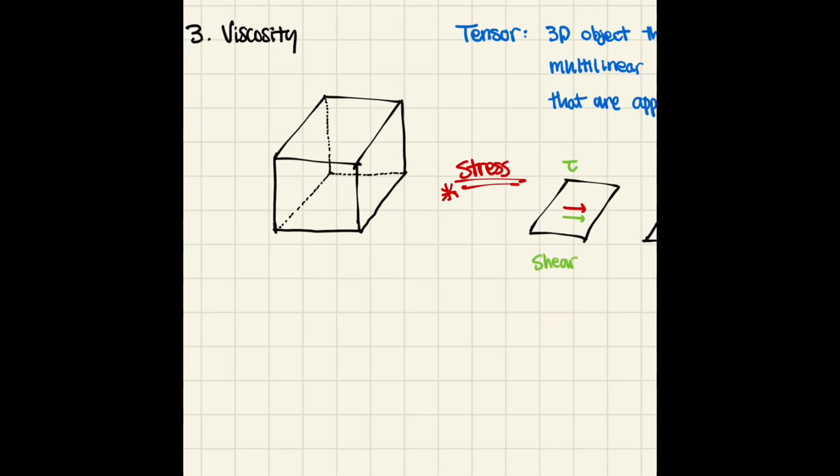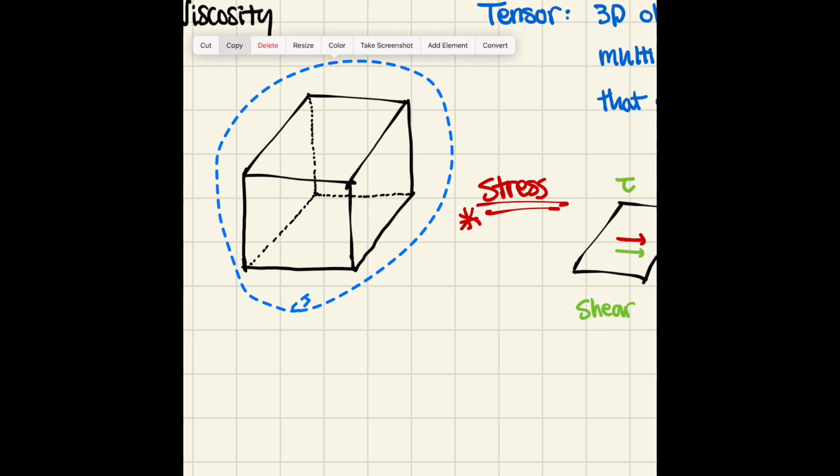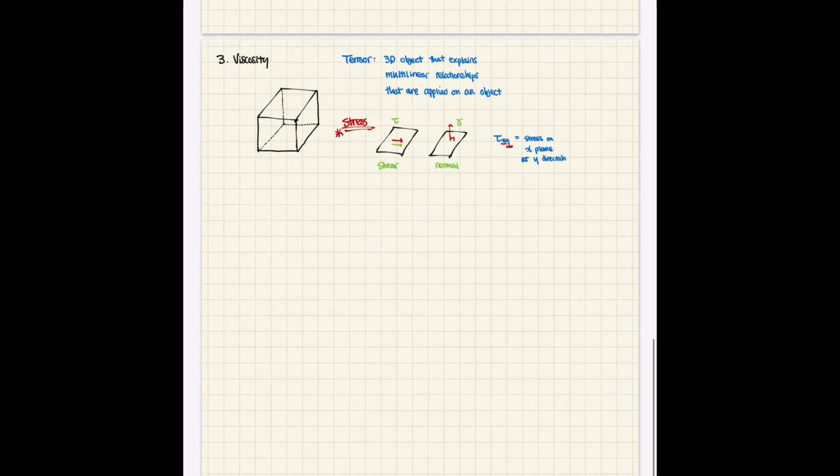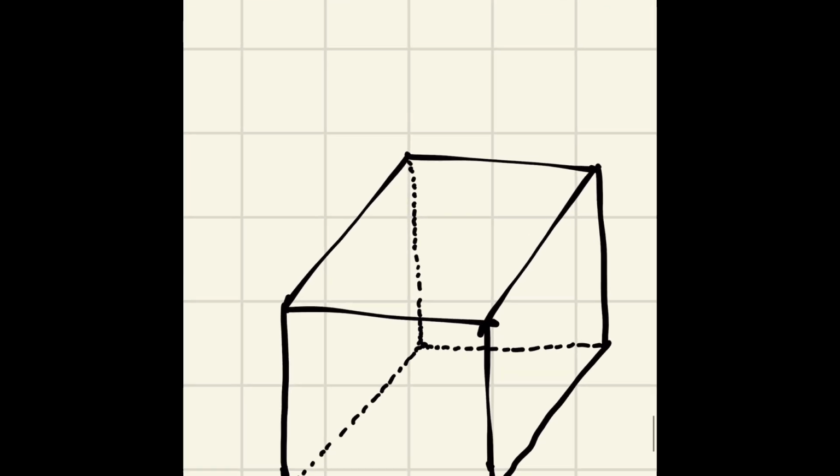And let's say that there is a particle right here, the square, and in this cube, there are multiple tensors and stresses that we can write. So we need to draw 3 cubes. I'll copy and paste. Okay, so let's look at the top side.